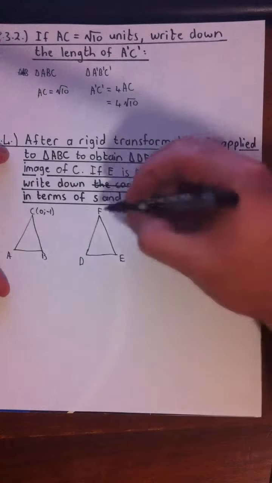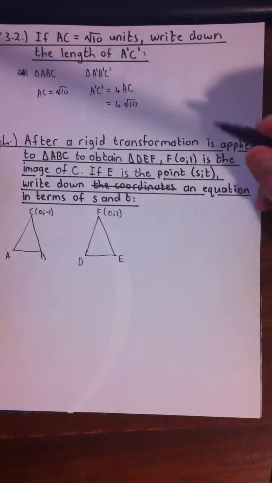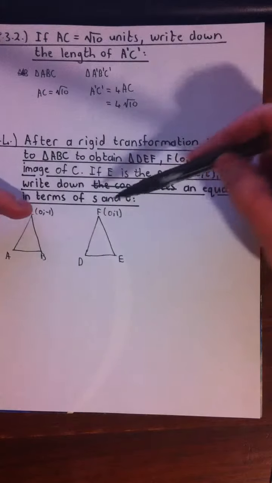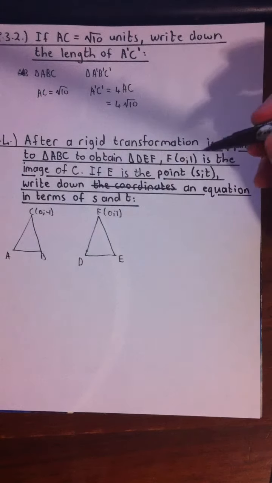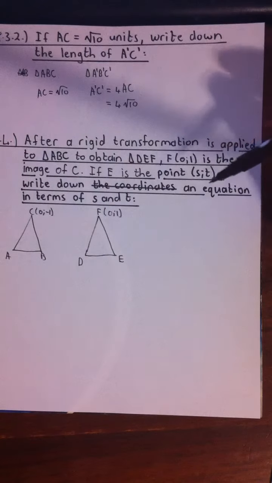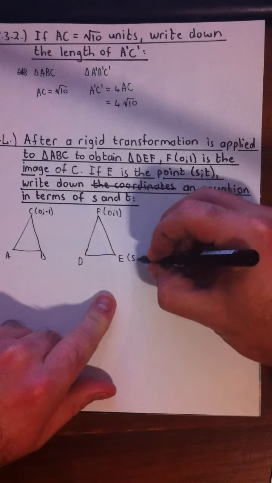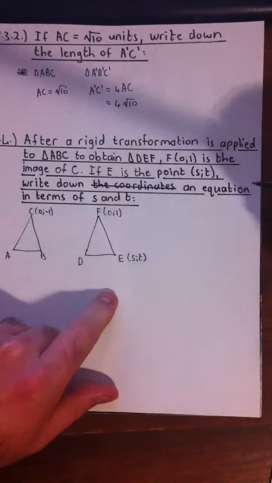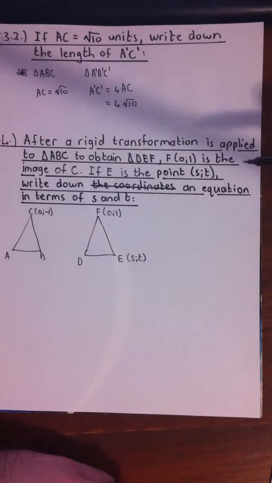F, they tell us, is 0 and 1. Okay, so now we can see how it has moved from there to there. Now they ask us to write down an equation in terms of S and T. They also tell us that point E is ST.